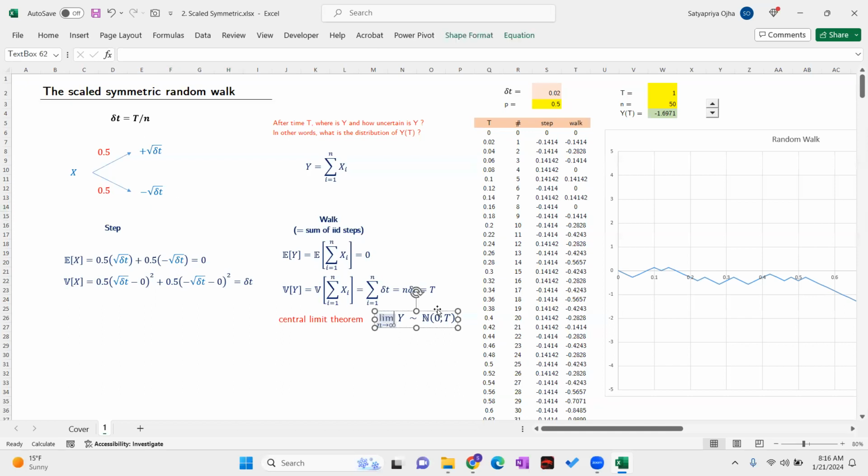For example, if you want this to be your end result, you can make the step also a normal random. And adding a bunch of random normals, which is nothing but what you're doing in the walk, right? You're adding a lot of steps. If each step is a random normal, adding a lot of random normals will be another random normal.